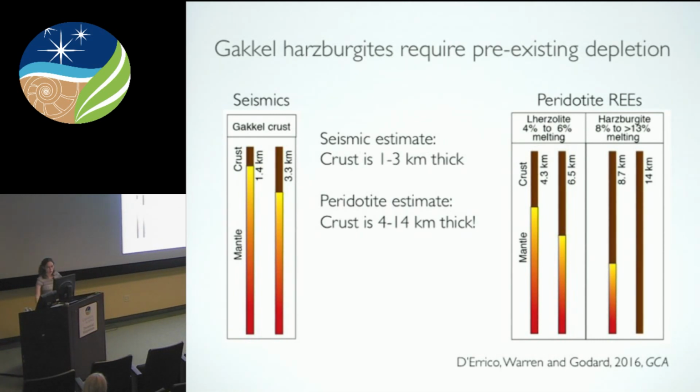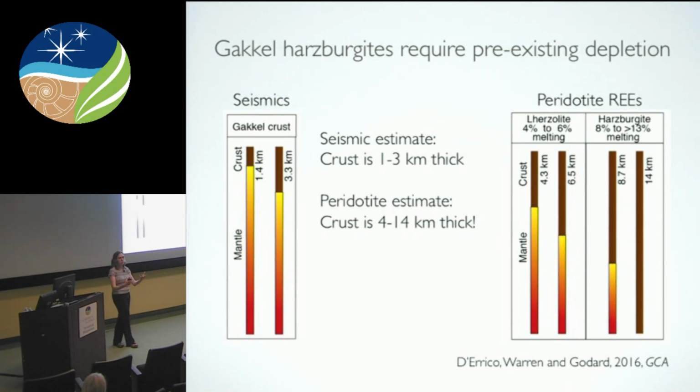So for us, this is one example of a place on the ridge where, without even having to look at the isotopic composition, we would say this is pre-existing depletion in the mantle. These clinopyroxene-free harzburgites maybe underwent some melting now at the ridge axis, but that composition suggests a pre-existing depletion that has been recycled through the mantle.